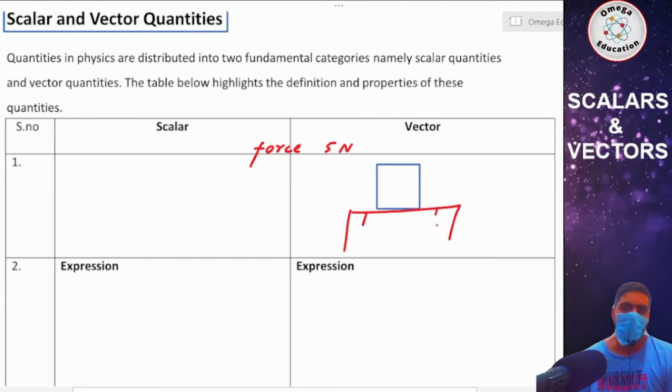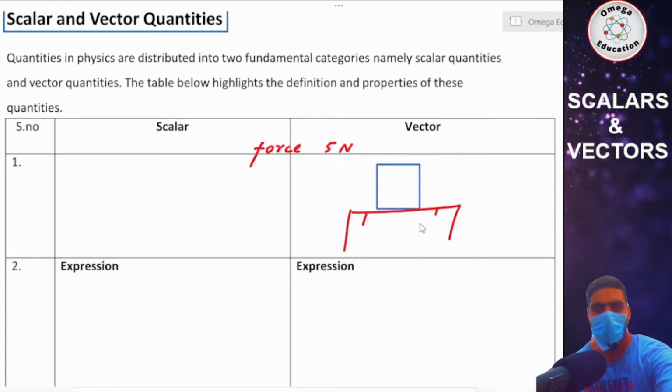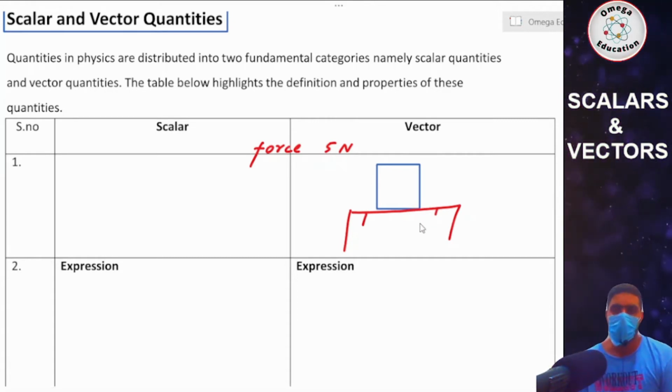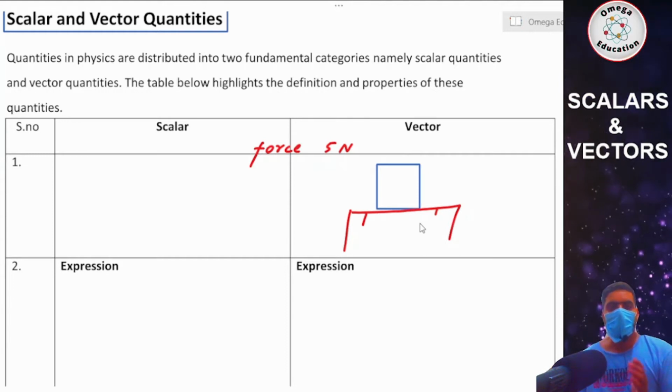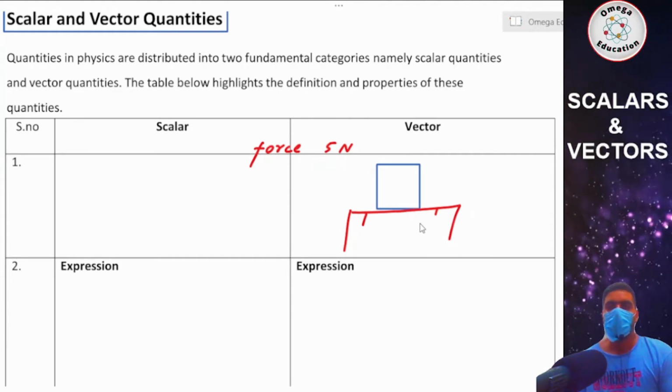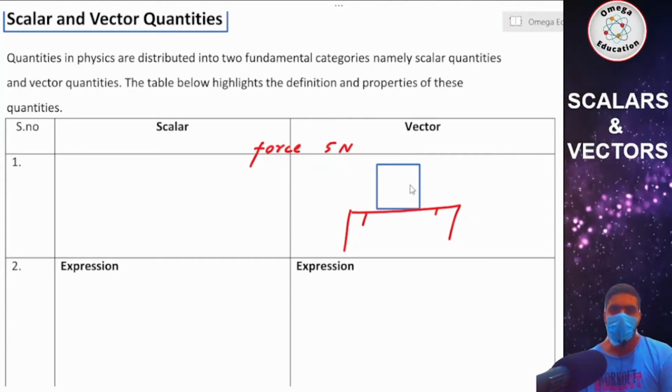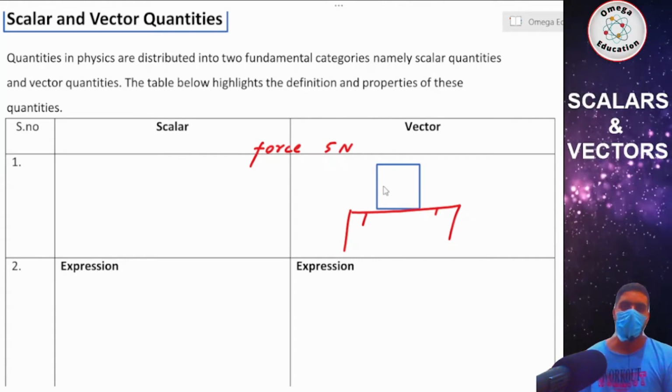So a force of 5 Newton is being applied on the box that is placed on the table. What would be the direction of motion of the box? Would it move forward, backward, upward, downward?